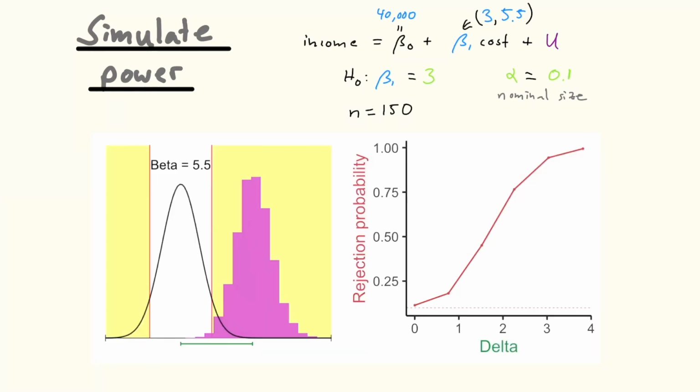Let's take a closer look at how moving away from the null hypothesis changes the distribution of the t-statistic. Under the null hypothesis, the distribution is standard normal. Now under the alternative that beta 1 is equal to 5.5, we have this distribution.